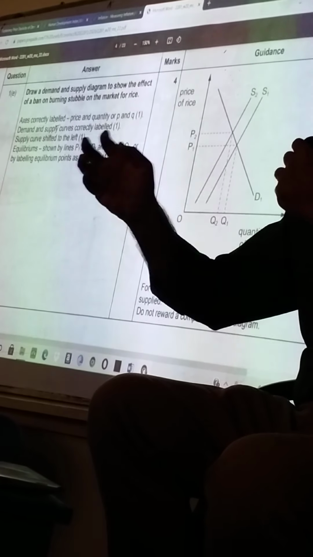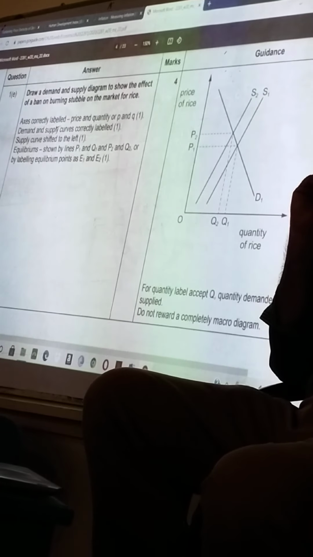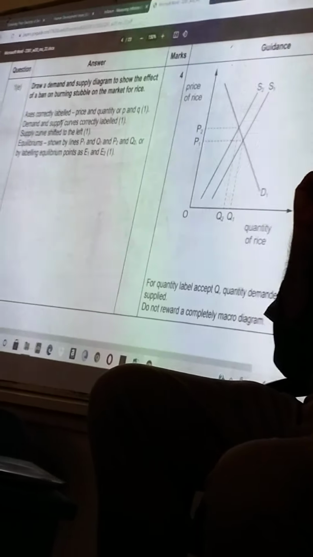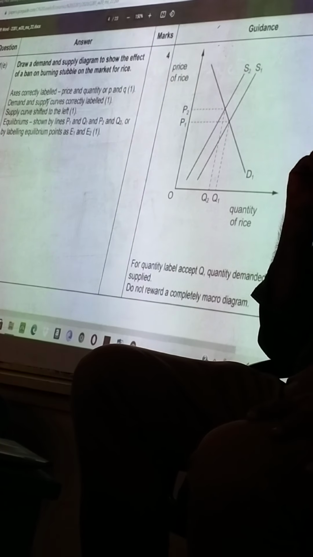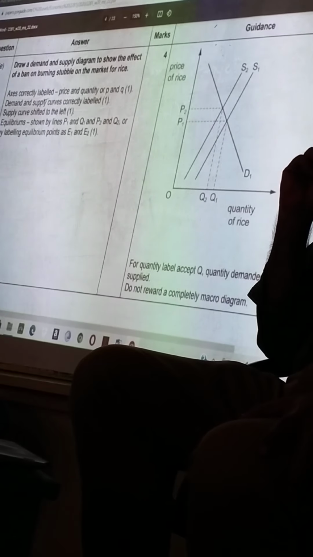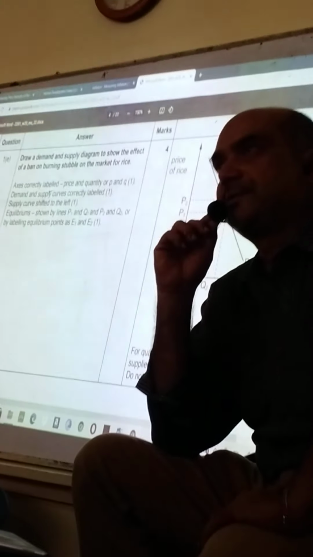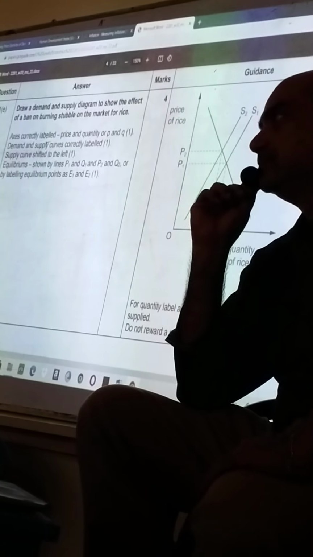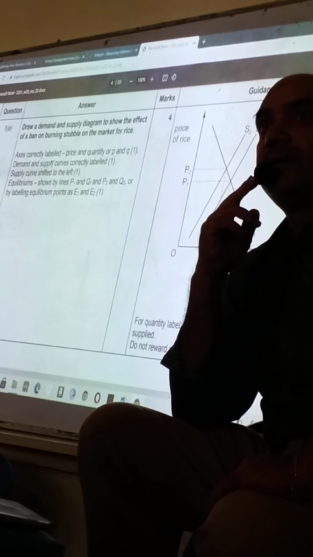There is an extra burden now on the producer. What is that extra burden? Read the question. Now they cannot burn the waste on the place of production. What are they going to do? They are going to dump it.